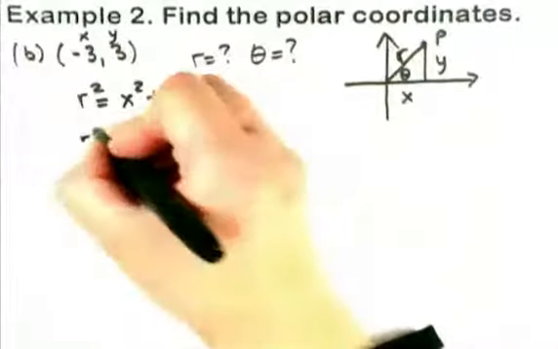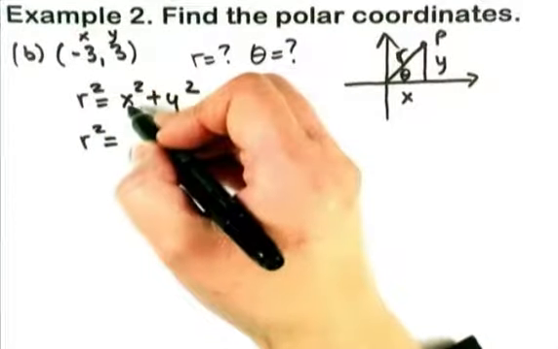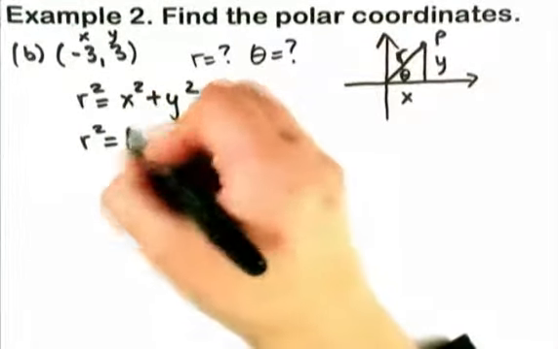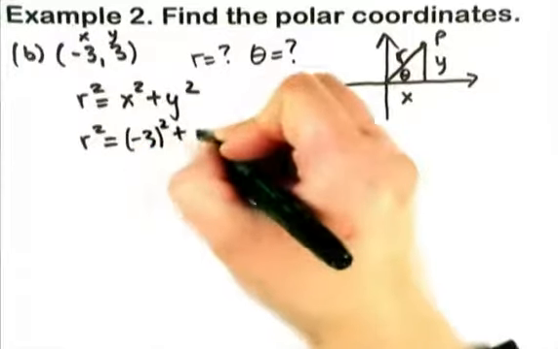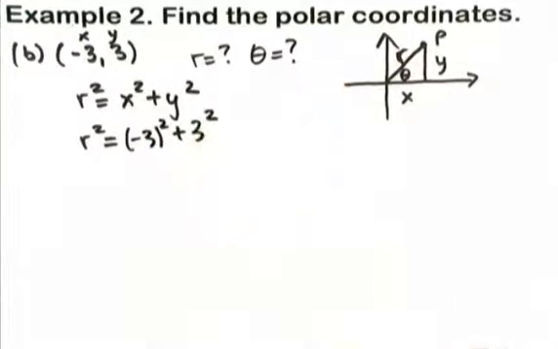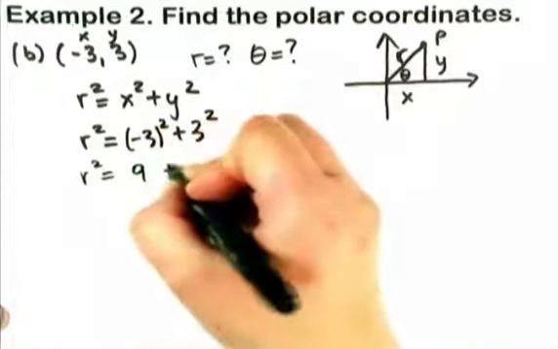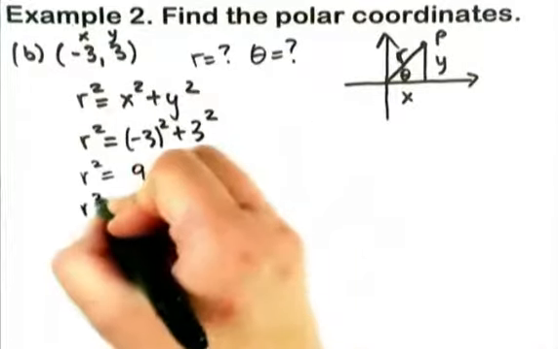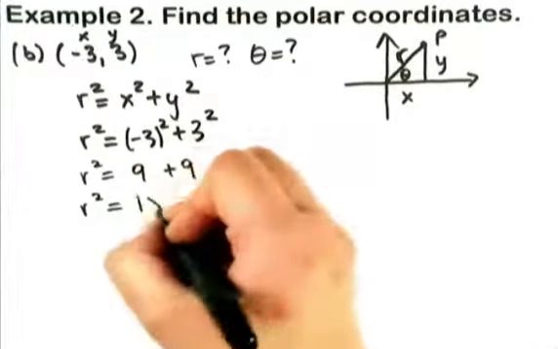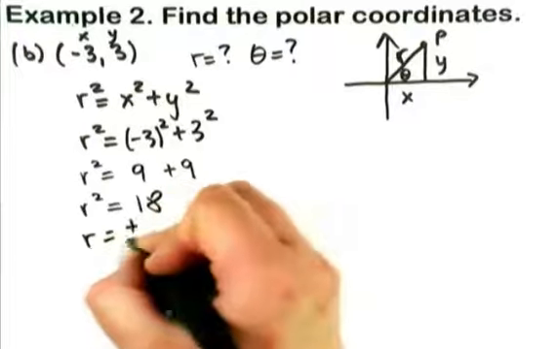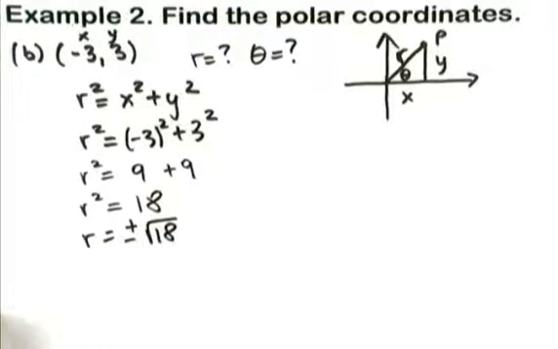So r squared is equal to minus 3 squared plus 3 squared. So we have that r squared is equal to 9 plus 9. So r squared is equal to 18. So r is plus or minus root 18.